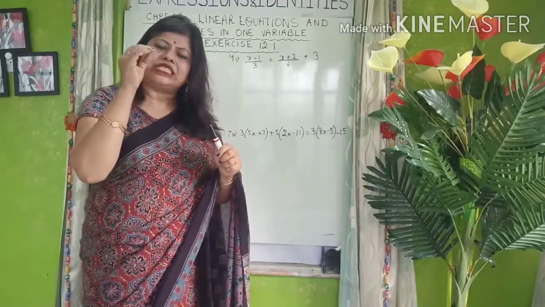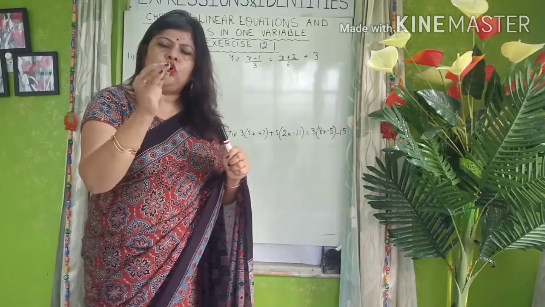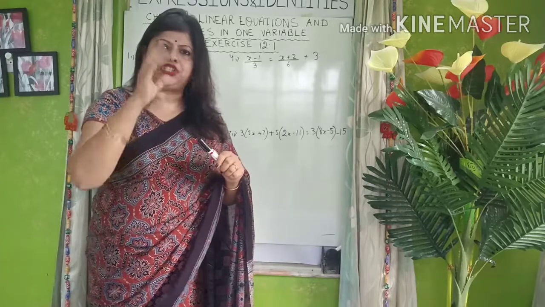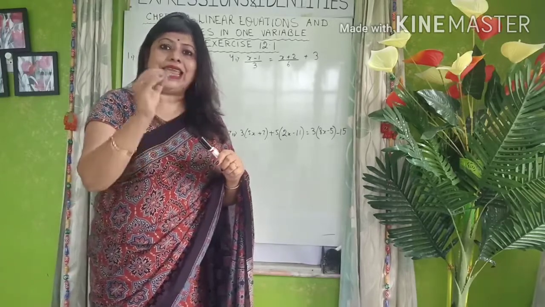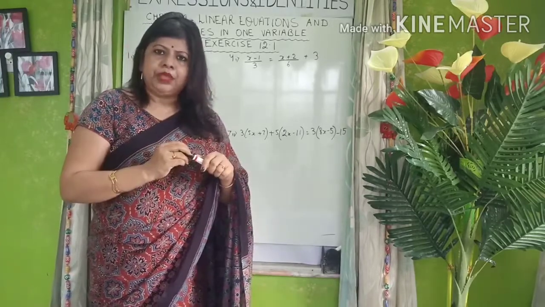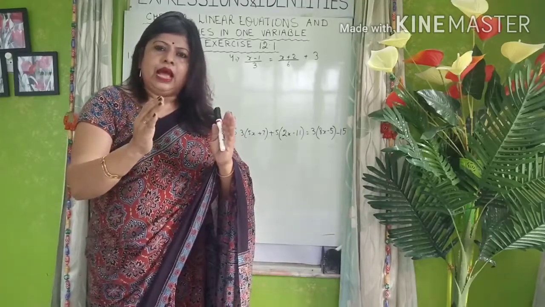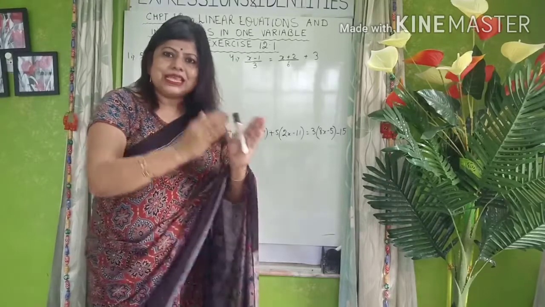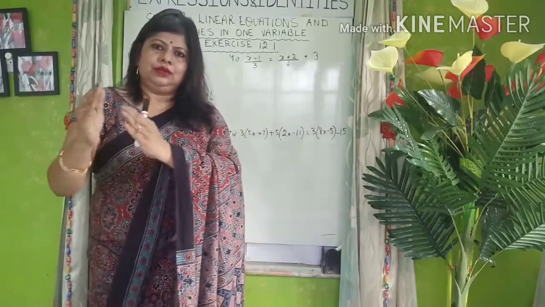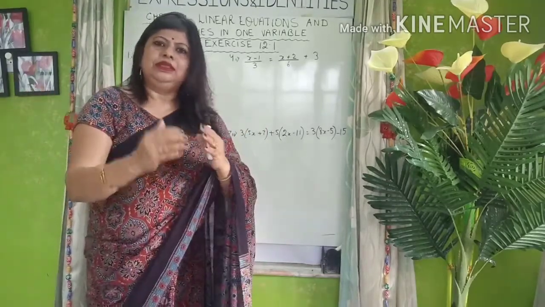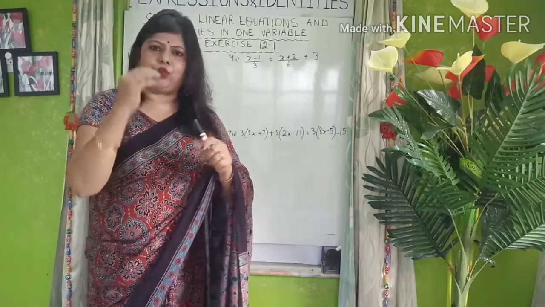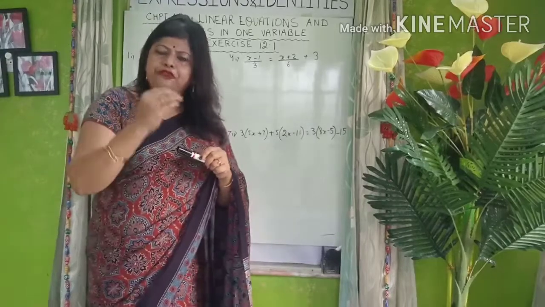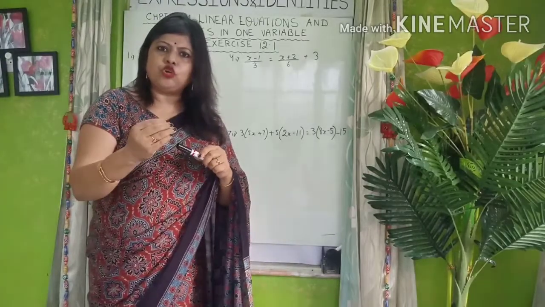And if I simply write 3x plus 7, that is an expression, like we did in chapter 10, algebraic expressions. But the moment I equate an expression with a number, that very moment that expression becomes an equation.